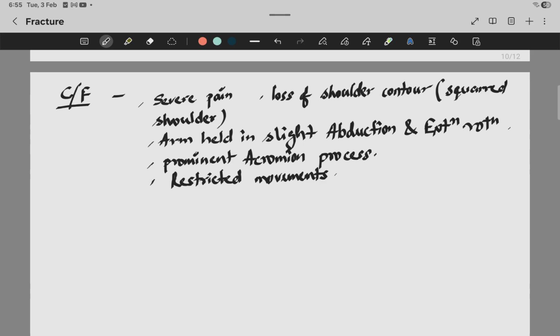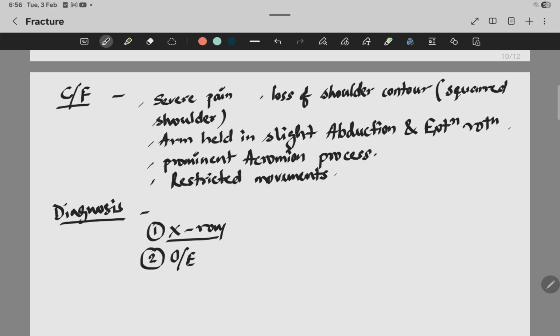Next, the diagnosis. In diagnosis, we may diagnose through X-ray. Okay, and next, diagnosis through examination.